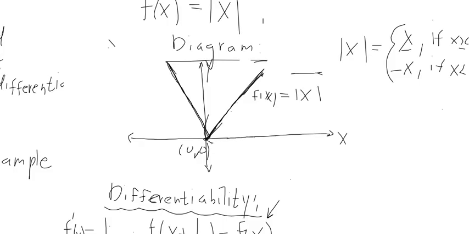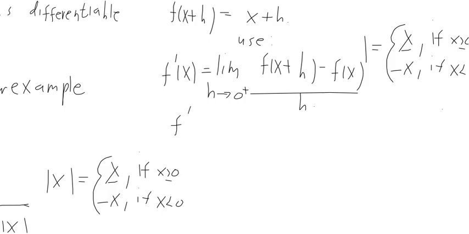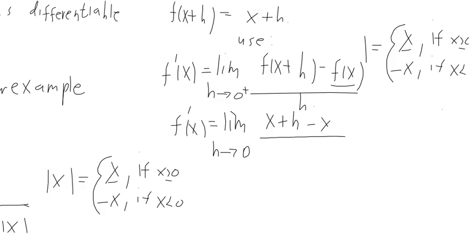So substitute that in. f prime of x equals the limit as h goes to 0 of x plus h minus f of x, which is x, all over h.